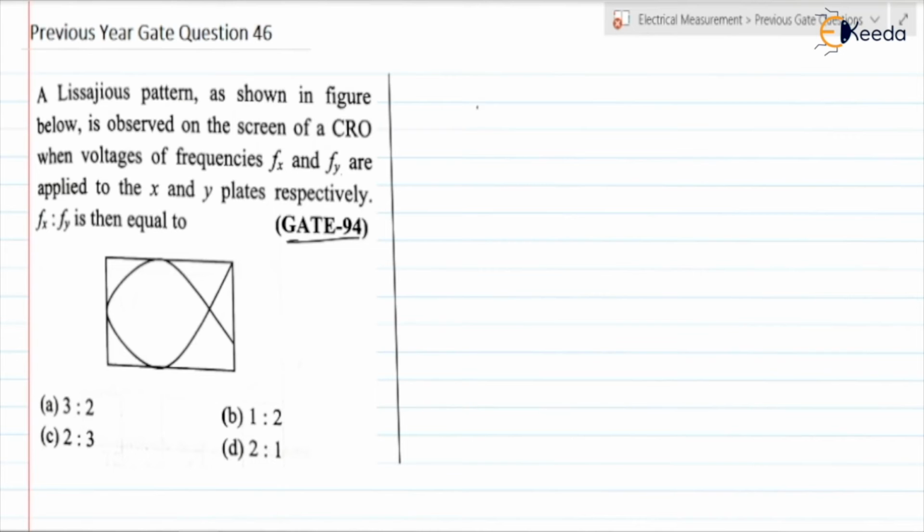Okay, so as we know, in the Lissajous pattern we are having fy divided by fx, where fy is nothing but the frequency of the signal which is applied at the y plate, okay, and fx is the frequency of the signal which is applied at the x plate, okay, which is equal to the number of horizontal cuts divided by the number of vertical cuts, that is nx divided by ny, okay.